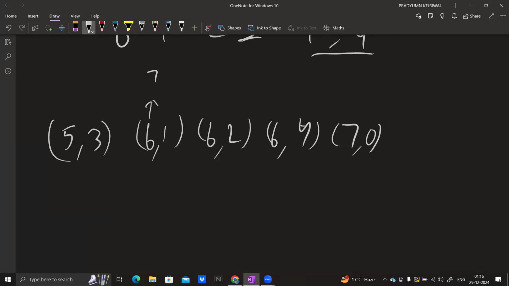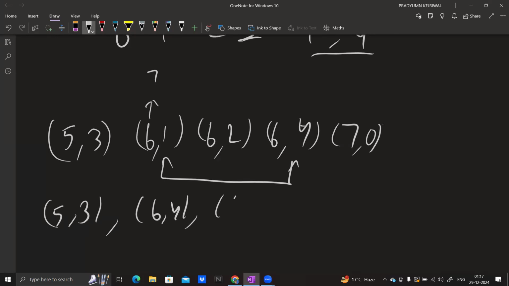We'll find the last 6 in this array, and we will swap these two elements. So it would become 5 3, 6 4, 6 2, 6 1, and 7 0, and then we would increase this 6 to 7.